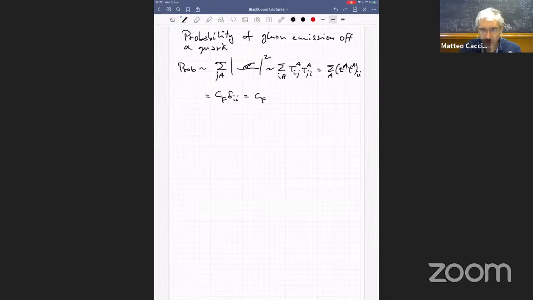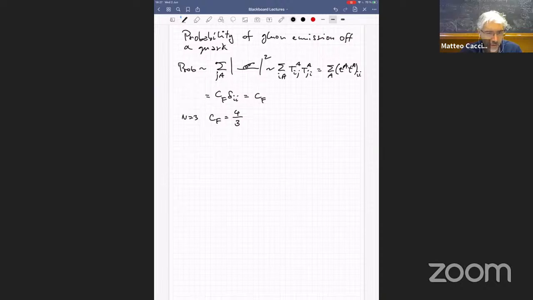It's a color factor that enhances the emission of a gluon off a quark with respect to what you would have if you had emitted a photon off an electron. And of course, for N equal to 3, C_F is equal to 4/3, which is not a huge enhancement over the simple g squared, but nonetheless.